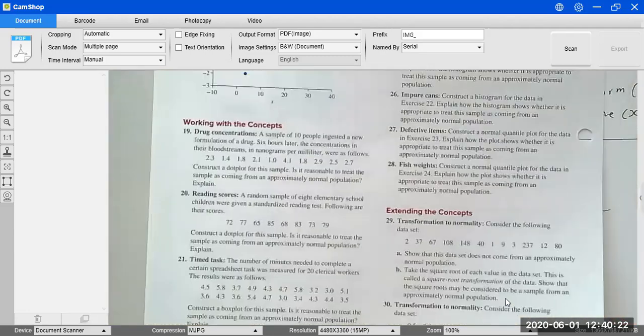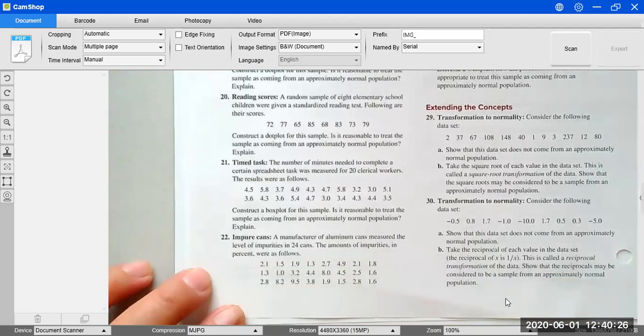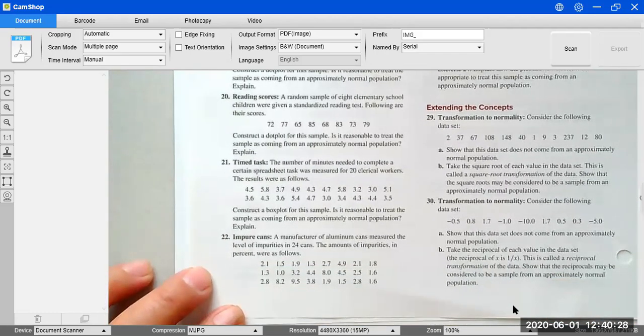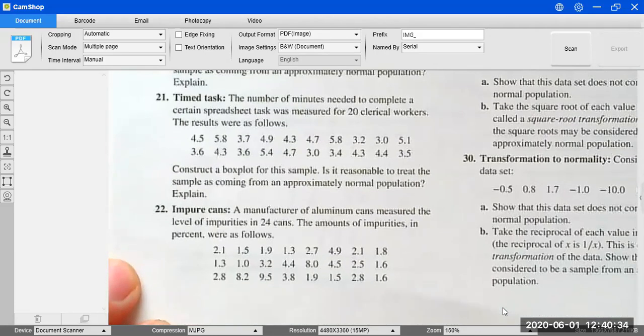First, I'm going to give you the data sets. Here you have problem 22. That's the data set. A manufacturer of aluminum cans measures the level of impurities in 24 cans, and you have the amounts of impurities in percent. That's the data set that is going to be used to solve problem 26.